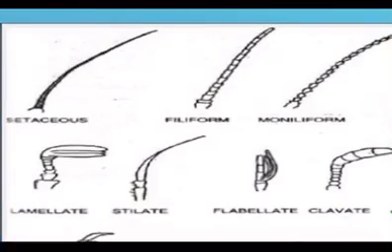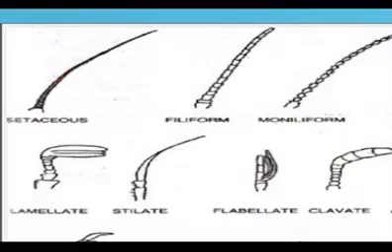First of all is the setaceous. Setaceous antenna, as you can see by the diagram, is pointed. That means that the basal segments are large in size, and slowly towards the tip the size of the segments will decrease. This occurs in Odonata.